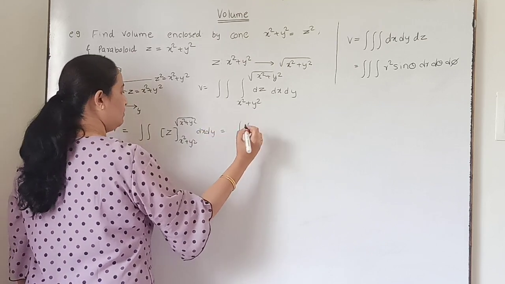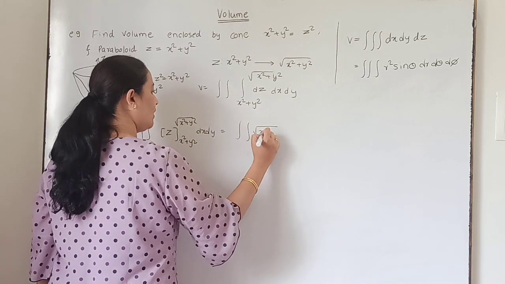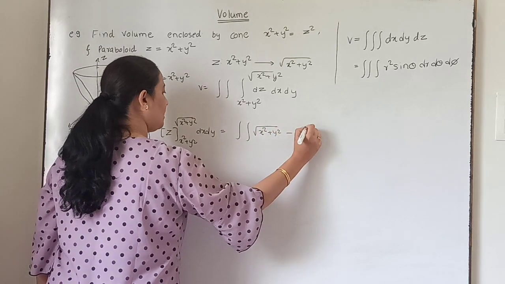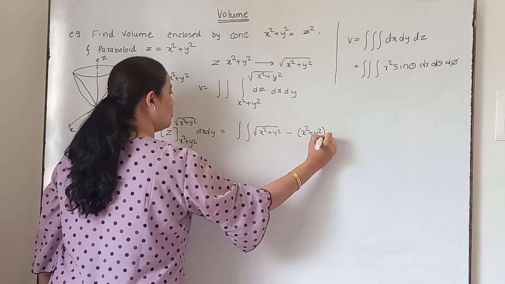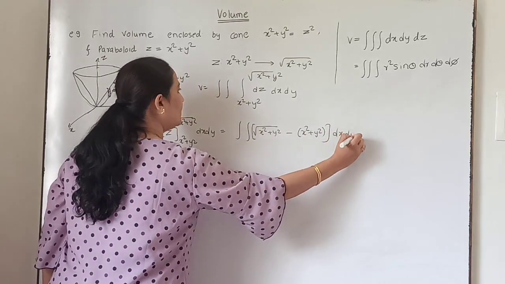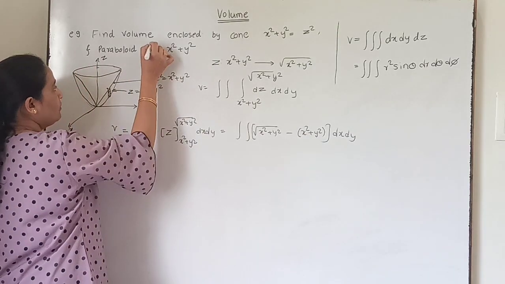If we apply limits, you will get under root of x square plus y square minus, in bracket, x square plus y square dx dy.